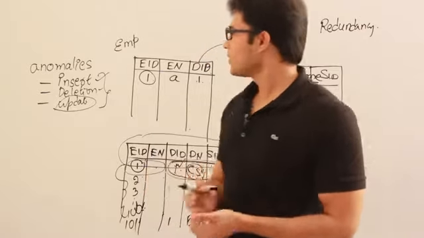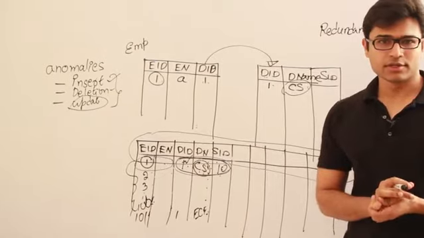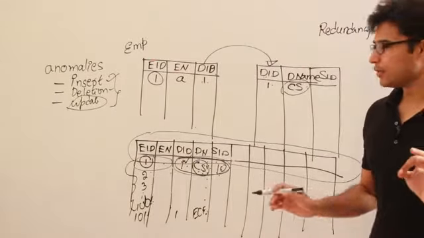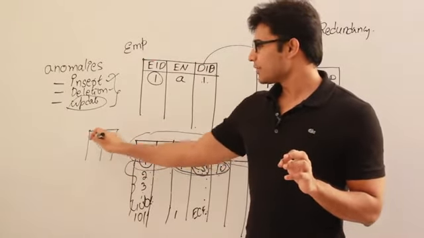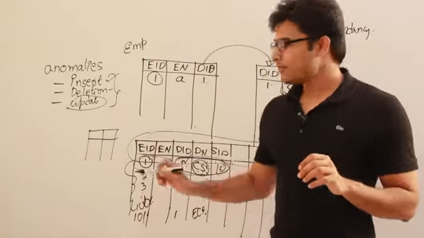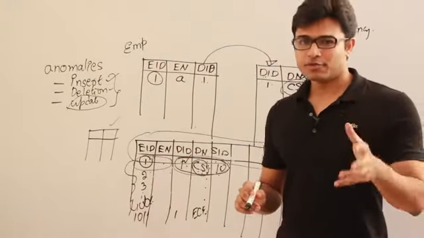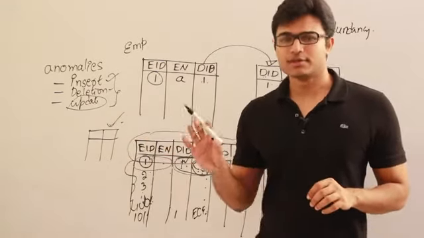Ideally, if you don't want any anomalies or any problems, the ideal size is 2 attributes, which means make a table in which every table has 2 attributes. If I have many such small tables, in order to retrieve some information, I might have to go through hundreds of tables in some cases.